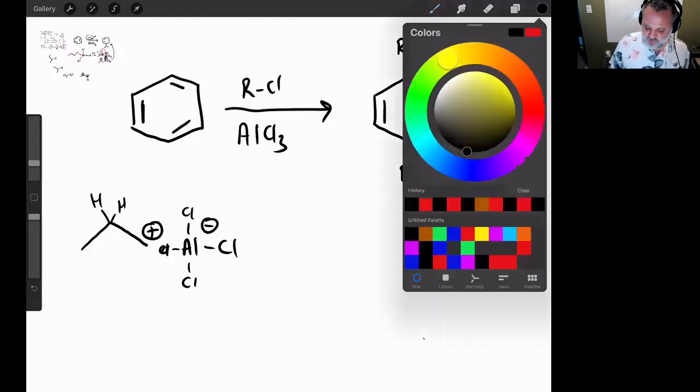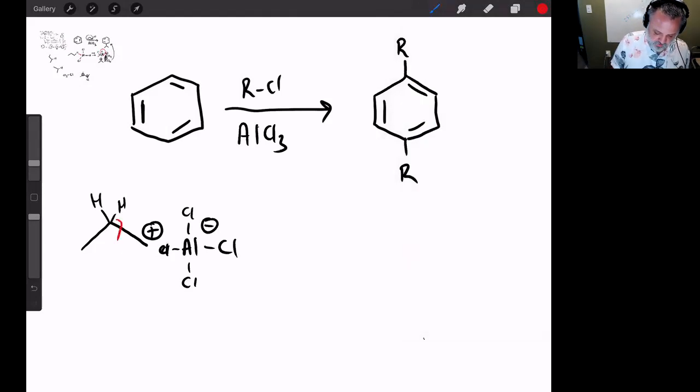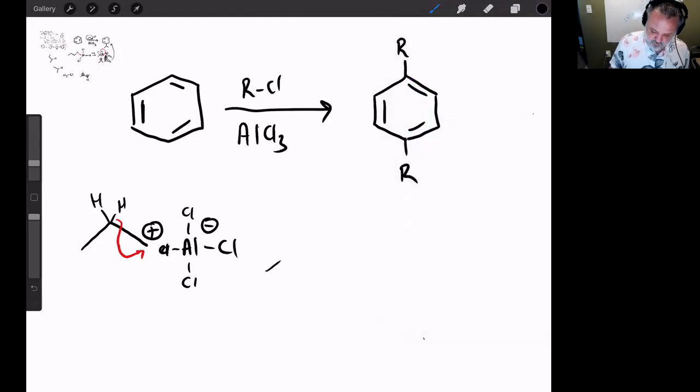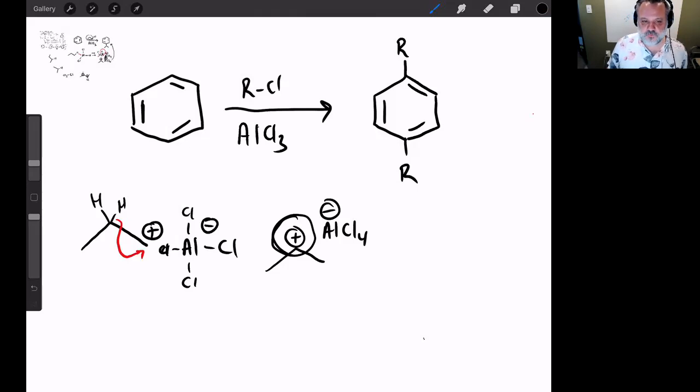And so if these hydrogens are allowed to shift to this position, then the positive charge moves here. I'm still counterbalanced with AlCl4, but now the entire alkylation process happens at that location. Is that what you were looking for? Cool.